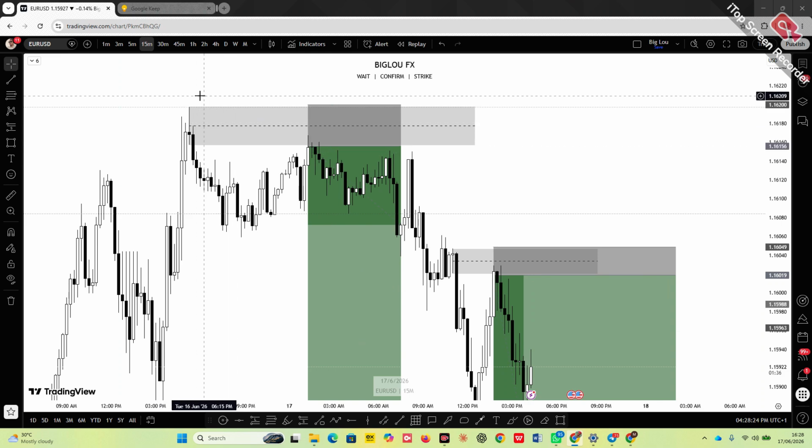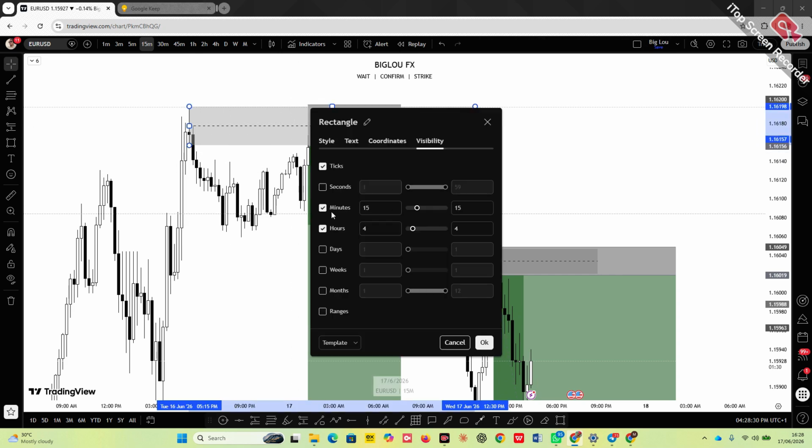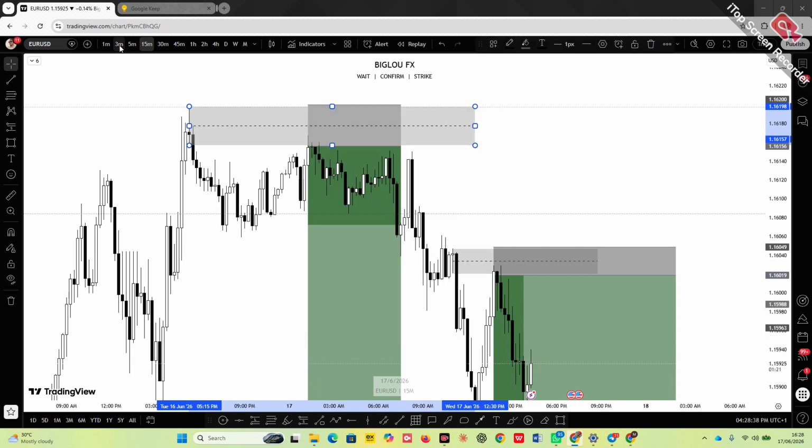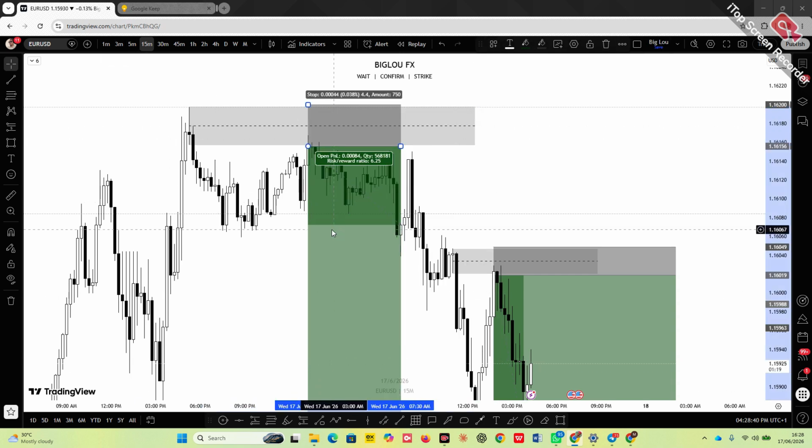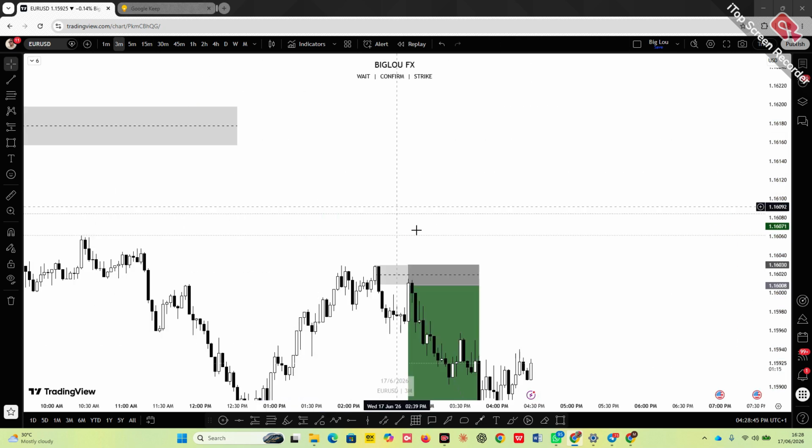Remember we brought it down from the 4 hour to the 15 minutes. Now if I want to get in on this trade using an extra confirmation, I've already confirmed that trade, but if I wanted to confirm it further, I'll go down to the 3 minutes. Let's see what it would have looked like in the 3 minutes.